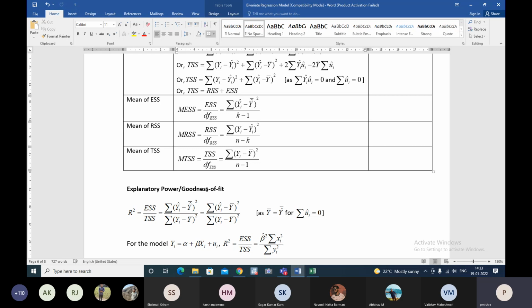By definition, it represents the proportion of variations in the dependent variable which is explained by the estimated model.